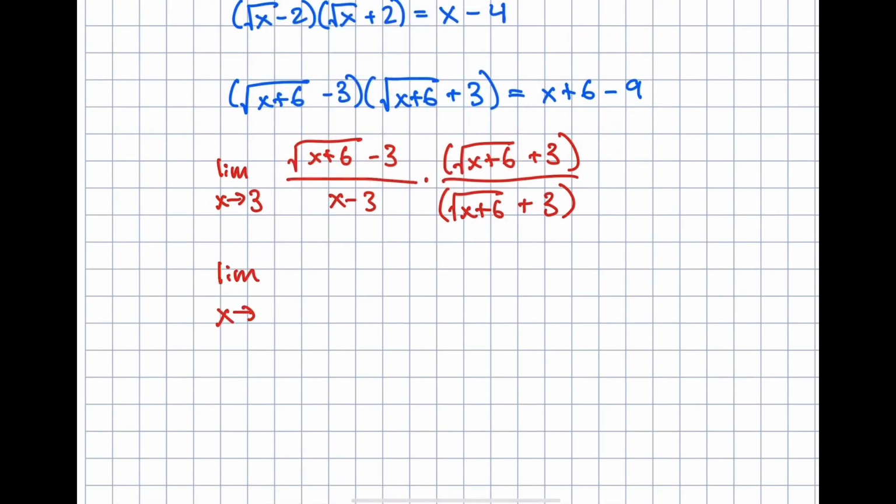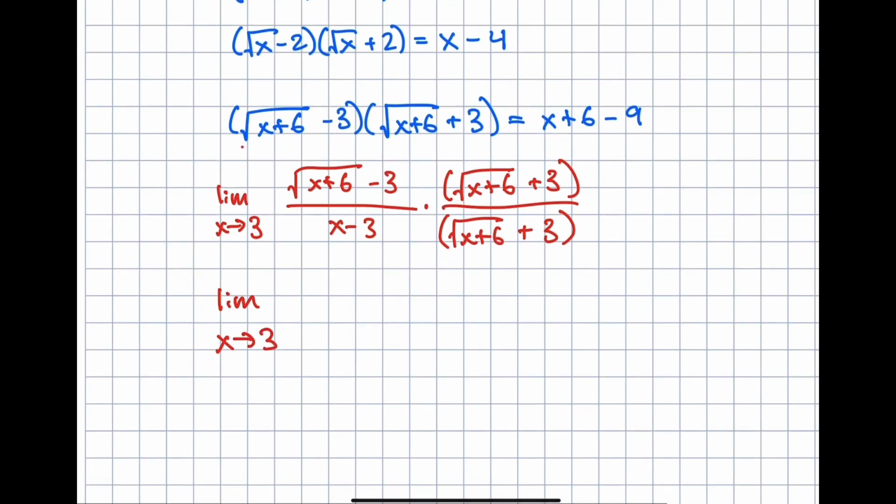Simplifying our numerator is very easy. We just multiply both numerators together, and we already know what that's going to be because we've done that here. And so we know the numerator is going to simplify to x plus 6 minus 9. And for the denominator, I actually recommend just leaving this alone and kind of separately factored.